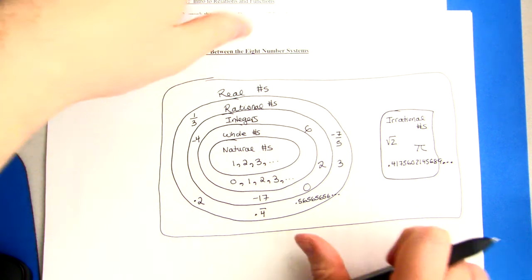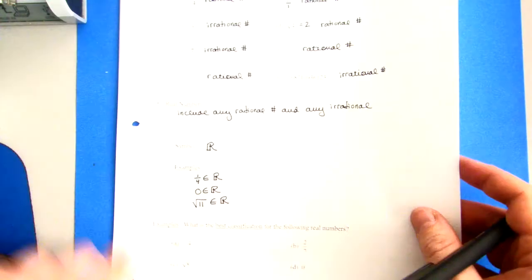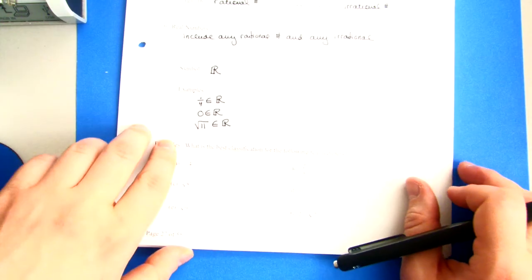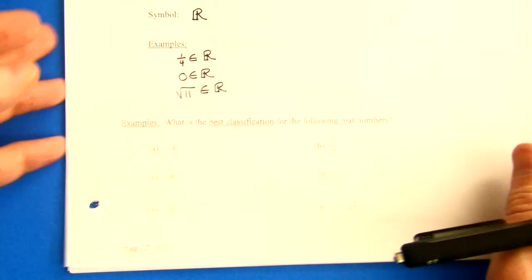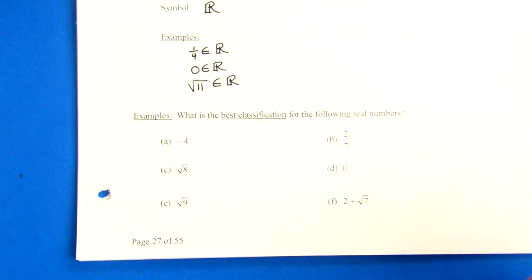Let's do some best possible classification problems. Bottom of page 27. That is not easy to see. Let me zoom in a little bit. Okay, all these numbers, these are all real numbers, but I want to come up with the best possible classification for them.